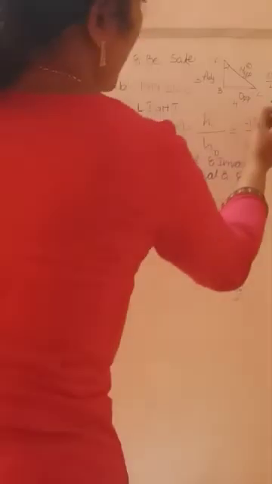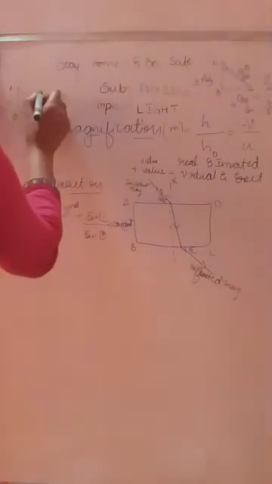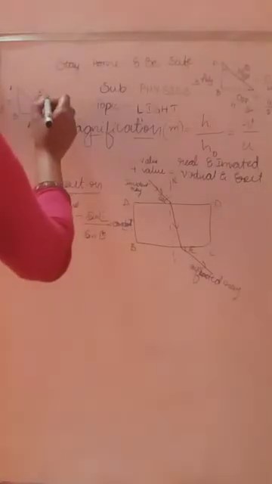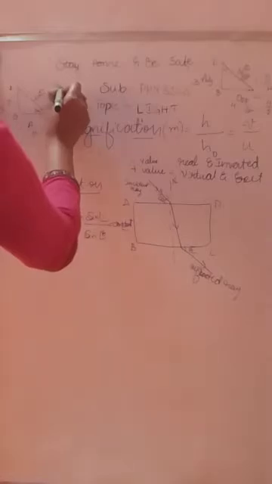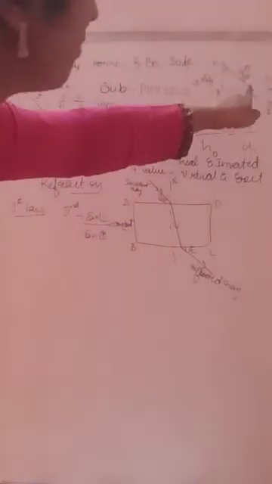So here the sine I value is 4 divided by 5, according to the formula opposite divided by hypotenuse. For the angle of refraction, let us take the same values, 3, 5 and 4. Here the value will change: sine R equals opposite 3 over hypotenuse 5. Like that, it will change based on the angle.